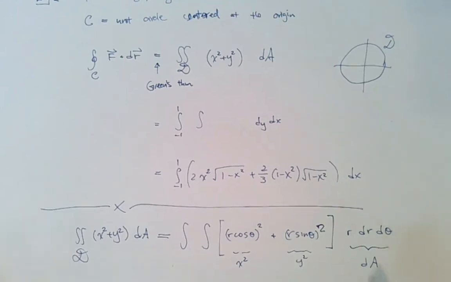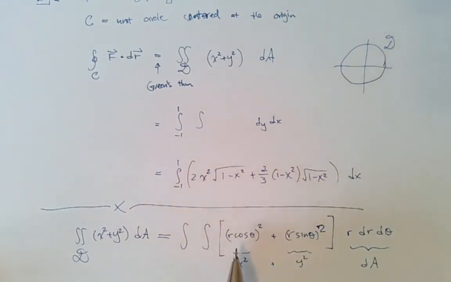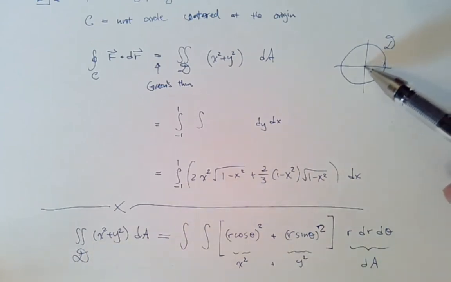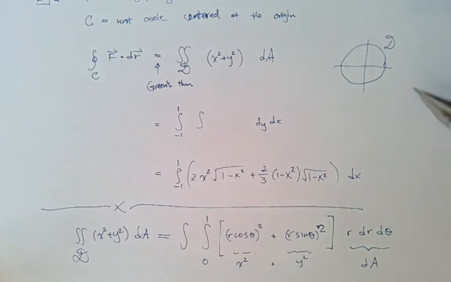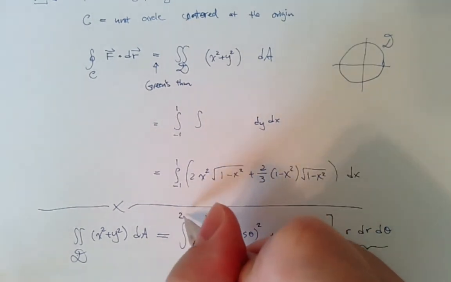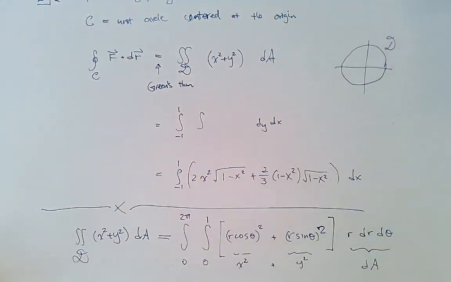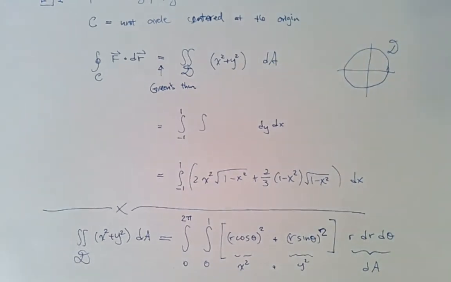So here we have x squared plus y squared dA. That's r cosine squared, and so on. And then r goes from something to something. We have a unit circle. r goes from 0 to 1. Theta, we have a unit circle. We go all around. The angle goes from 0 to 2 pi. So this is setting up the polar coordinates integration.